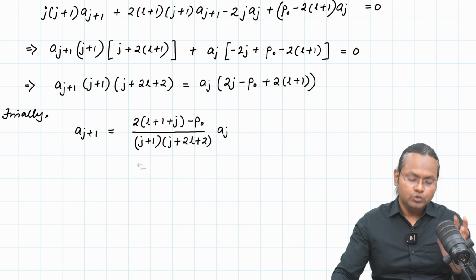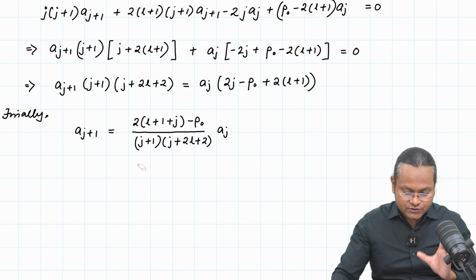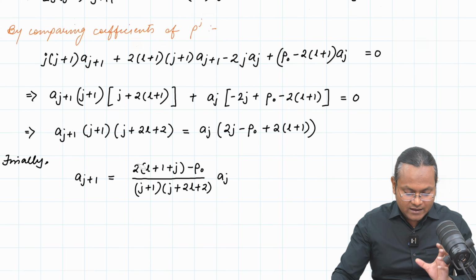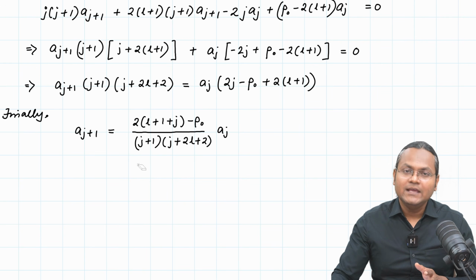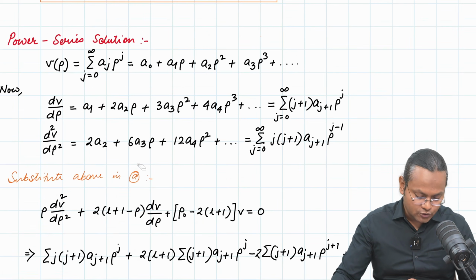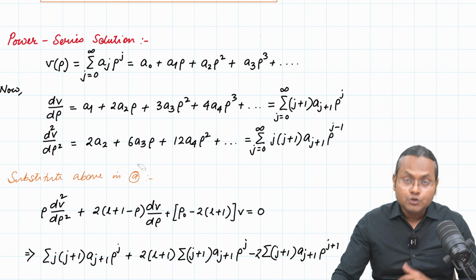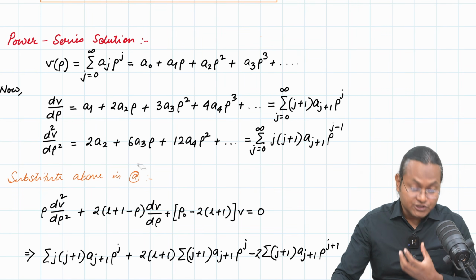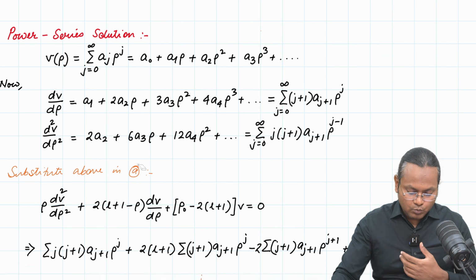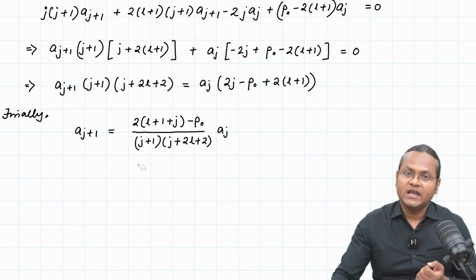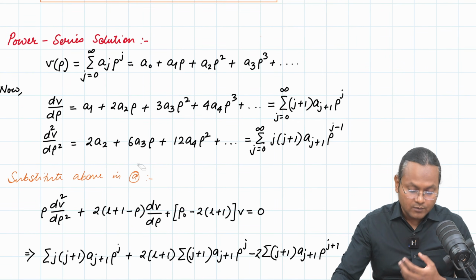But before I go on to the Laguerre polynomials, let us try to get an idea about the terminating nature of this particular power series solution. To get a genuine wave function solution which doesn't blow up, we will have to terminate this power series at a particular point.